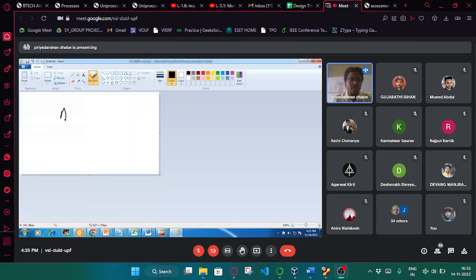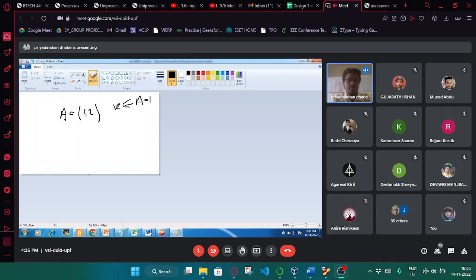For example, there is a set A, and set A contains, let us say, two elements, one and two. If I ask you a question, is two a member of the set, you'll say yes, because two is there in the set A. If any element X belongs to A, we get the membership value of that element as 1.